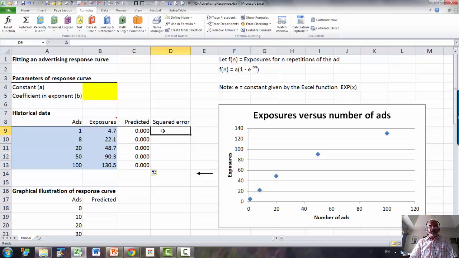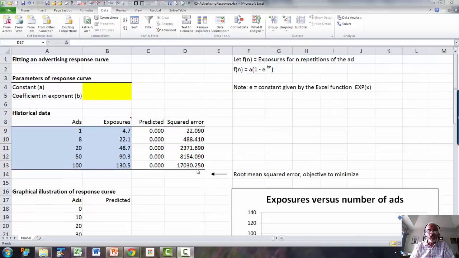Now we look at the difference between the two, the actual minus what we are predicting from the line, and square that. Now we'll take all the squared errors and find the average of the squared errors.